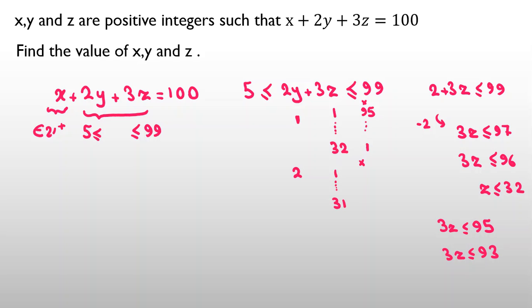For example, 2 times 2, 4, plus 3, 7, will be 93. Then you add z by 1, it will be reduced by 3. And the last one will be 3 times 31, 93, plus 4, 97, and x will be 3.